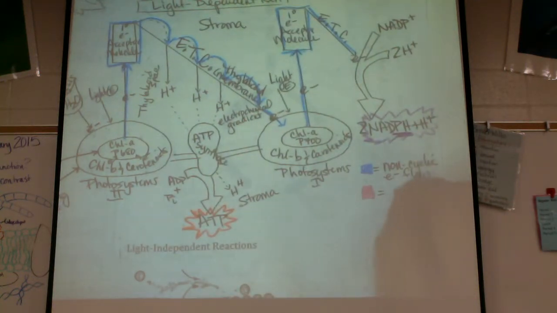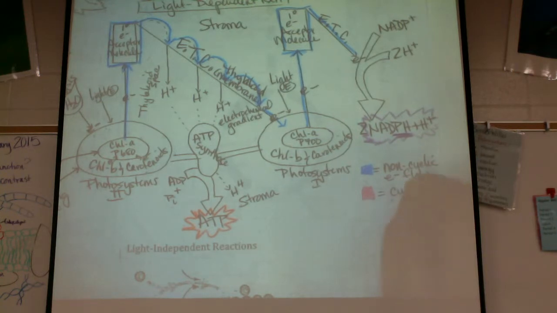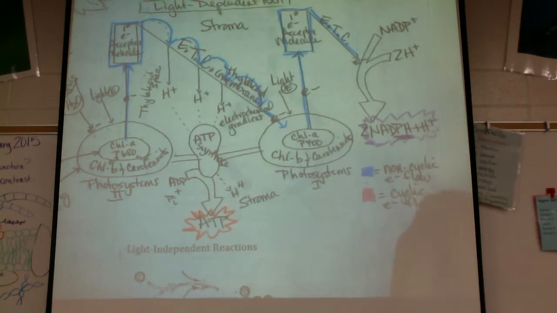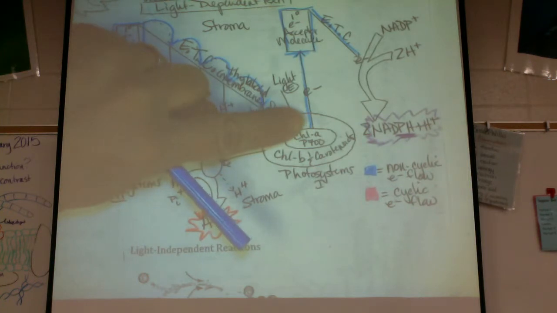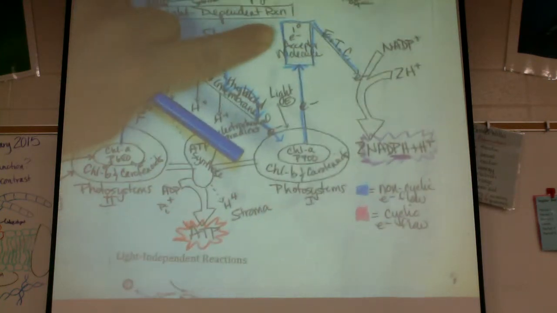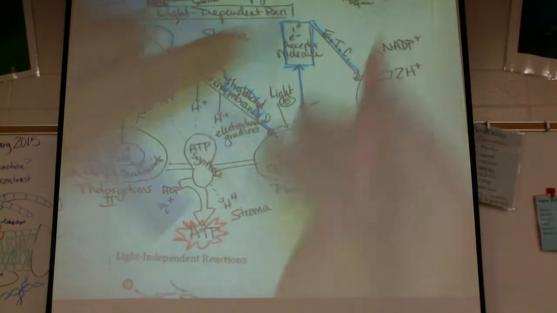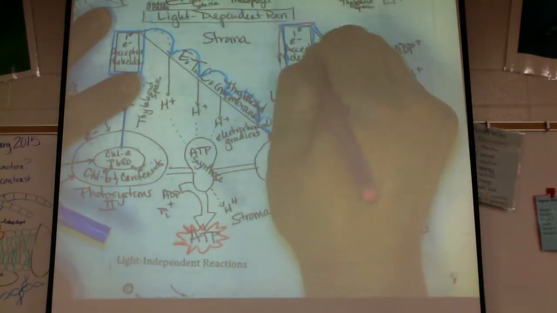Sometimes, though, a plant will need to have some extra ATP. If that happens, it can trigger this photosystem to do something different. It can cause it to do cyclic electron flow, also known in my little brain as self-stimulation, because what happens is the electron that went here to the primary electron acceptor molecule in photosystem 1 takes a little different trip.